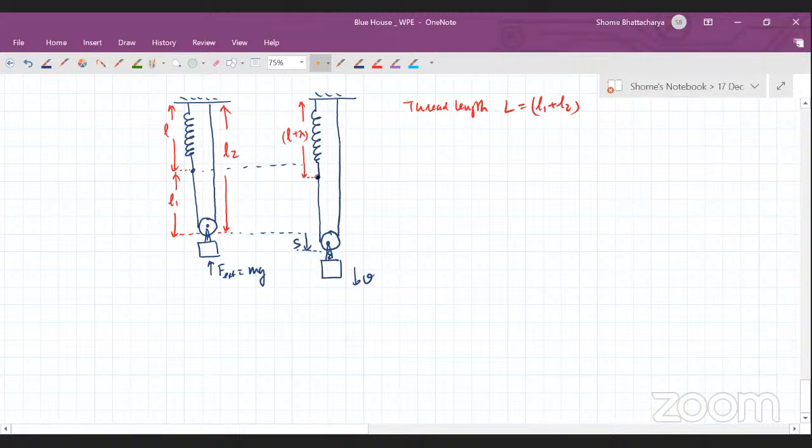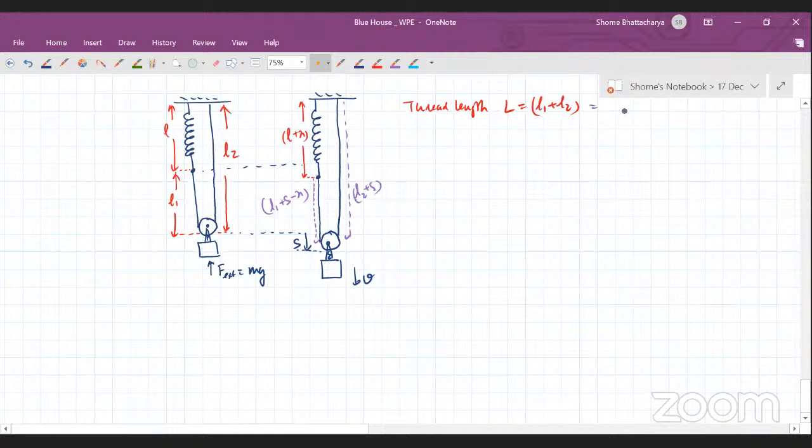So now you see this length here. This is how much? This is L1 plus S minus X. And on this side, this length is how much? It is L2 plus S. Okay.